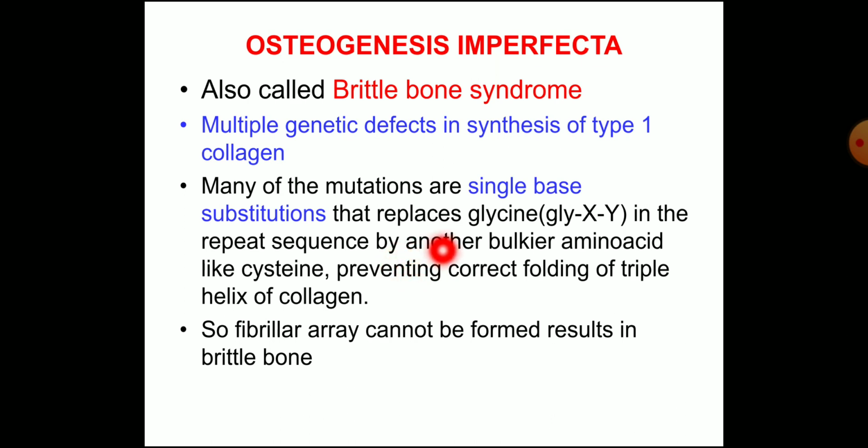But if the glycine is replaced by bulkier amino acids like cysteine, what happens is a proper collagen will not form. So the fibrillar array cannot be formed, resulting in the brittle bone. So the tensile strength is due to the fibrillar array of the collagen fibers. If it is not occurring, there will be chances of breaking the bone. That is, brittle bone syndrome occurs.